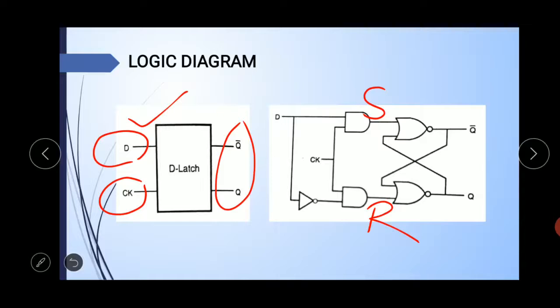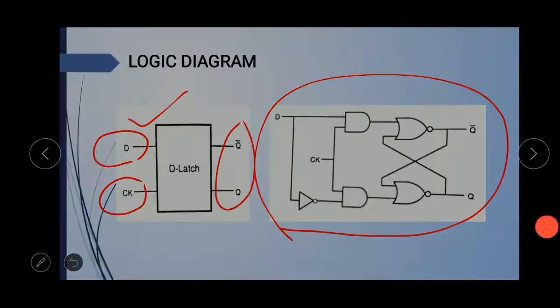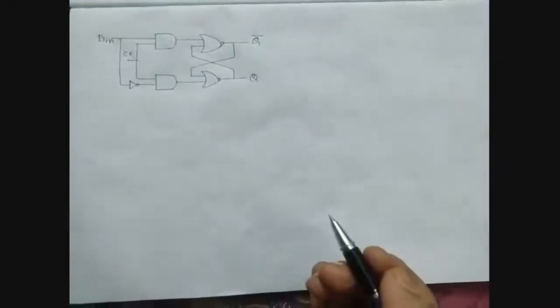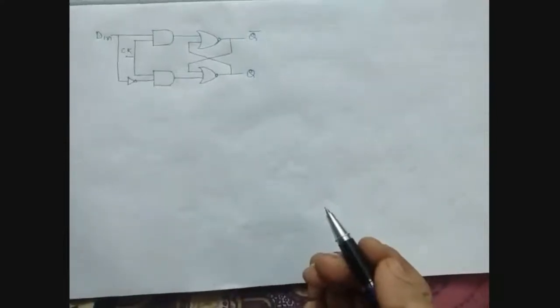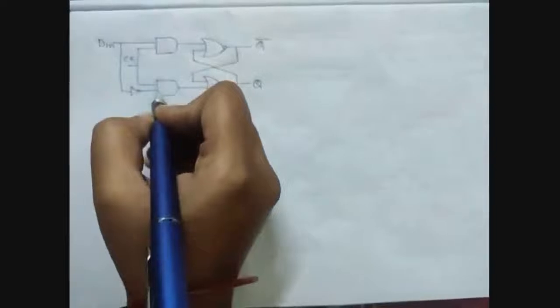Next let's draw the logic diagram using CMOS logic. We use this logic diagram to draw the D latch using CMOS logic. First, this one is the logic diagram. Here two AND gates are used.